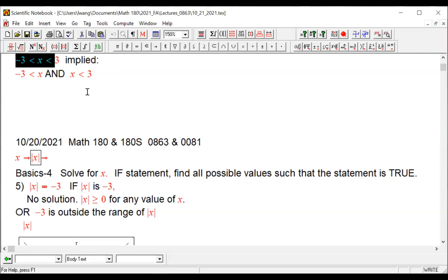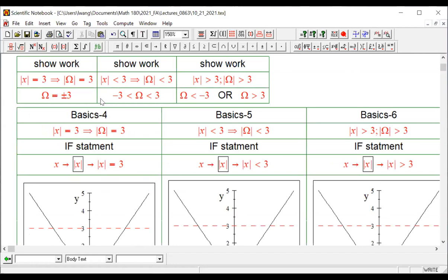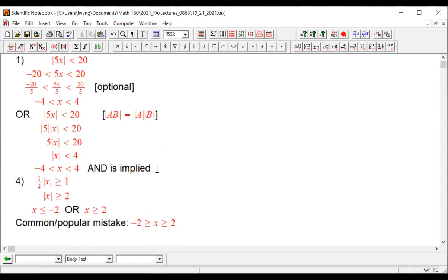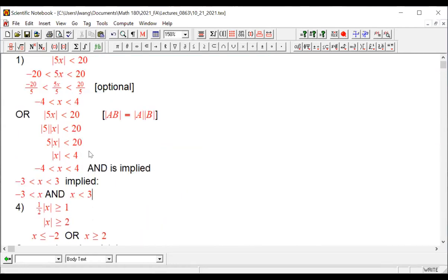Do you guys follow me? It's a shorthand notation. Now, take this to the top, where we were. When we write that x is between -4 and +4, it implies that x is larger than -4 and smaller than 4.